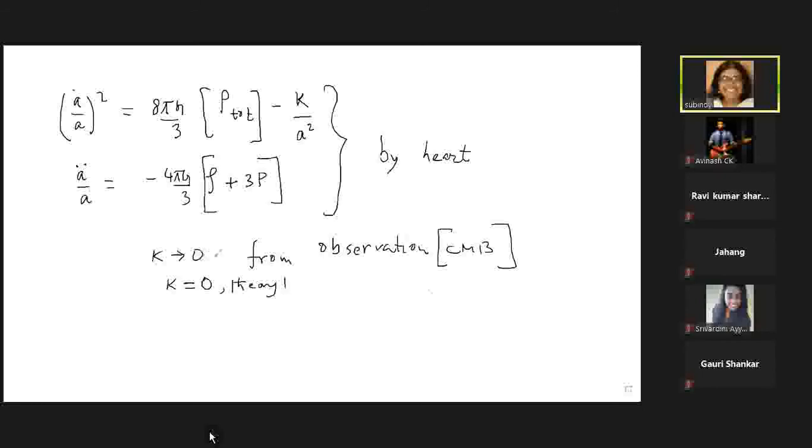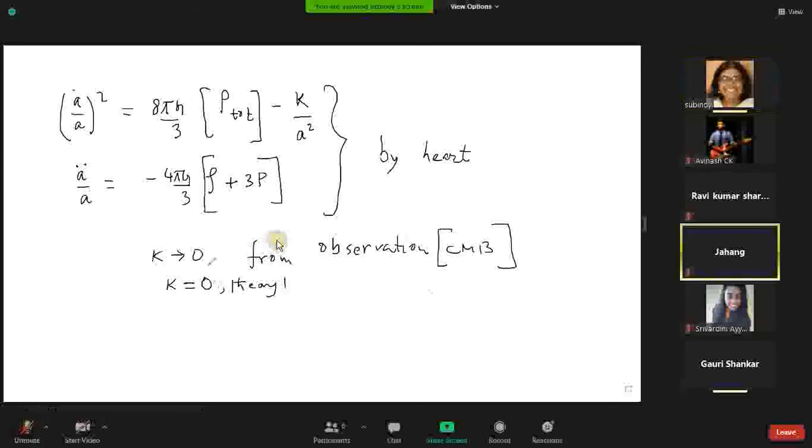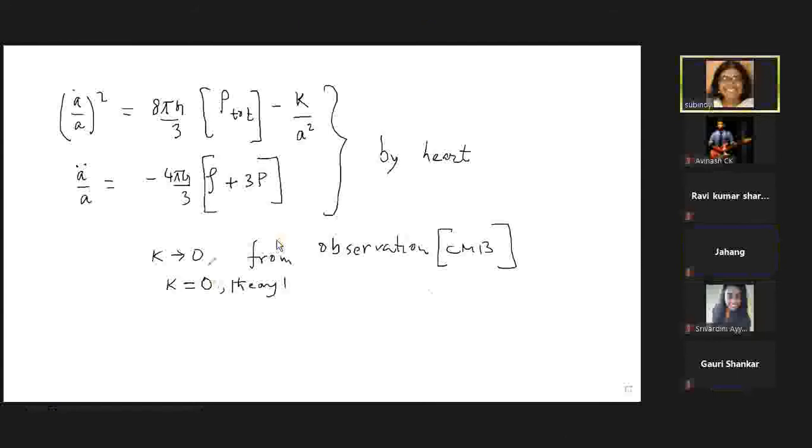So now, take your pen and paper. These are the two equations. Have you written them down in your notebook? All of you need to write it down, because I'll give you something to solve right now.